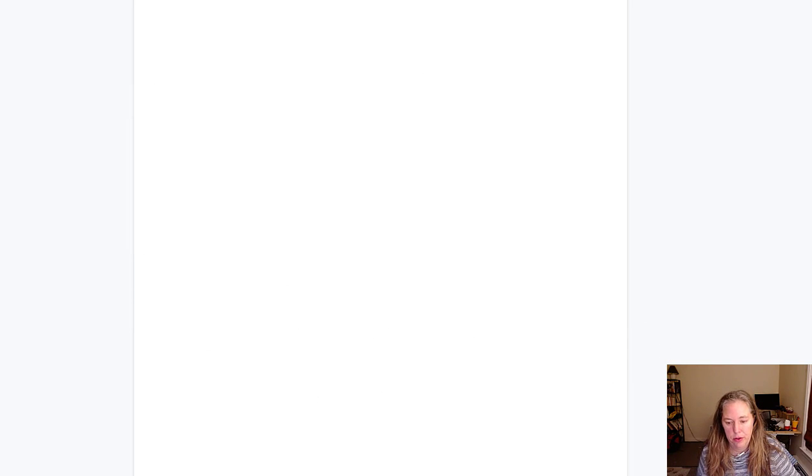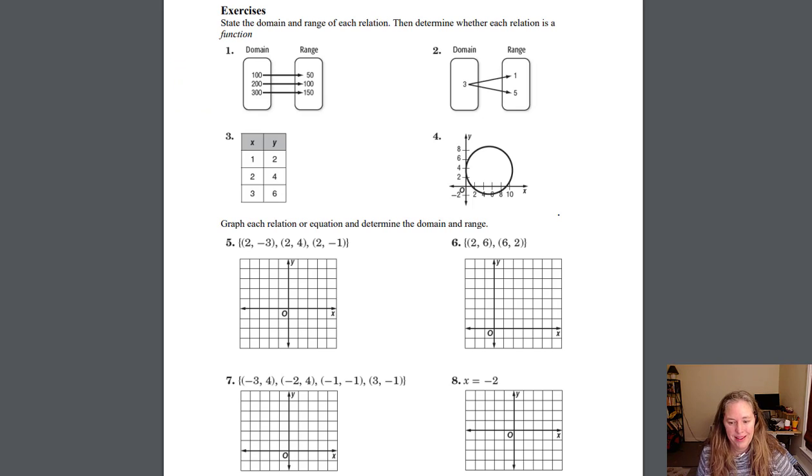Okay, so I'm going to put 2 tables up here. Actually, hold on. I'm going to pause. Okay, I found a couple of practices for us. So just to remind you, this says domain and range. That is input, output. To remind you, for a function, we're looking for every input to have 1 output.